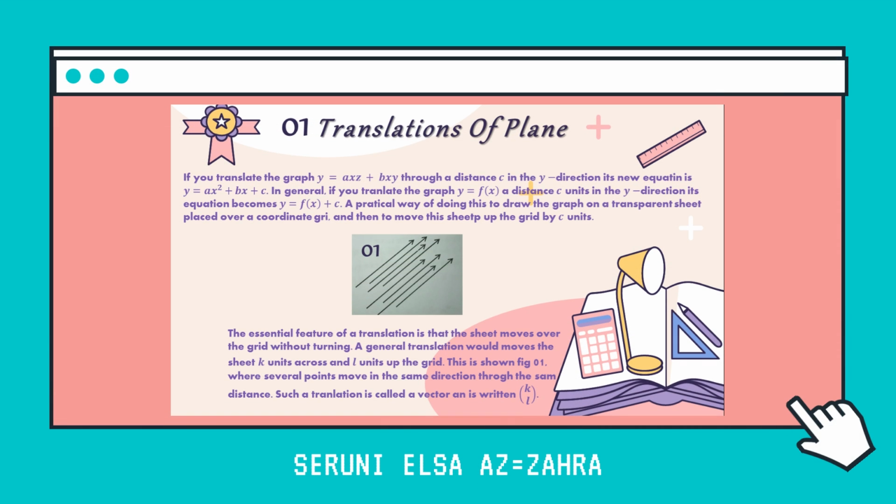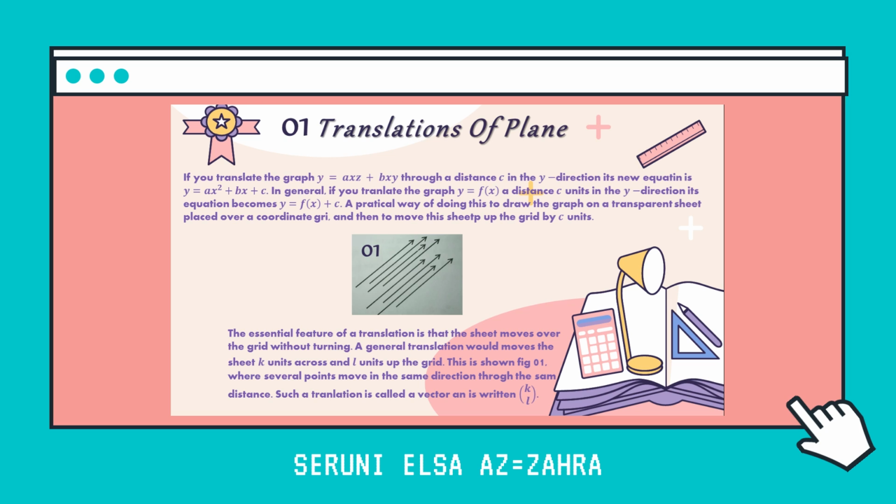If you translate the graph y equals ax² plus bx through a distance c in the y direction, the new equation is y equals ax² plus bx plus c.